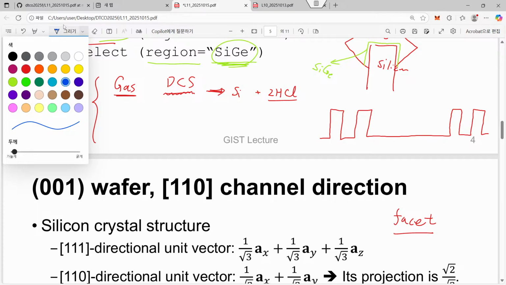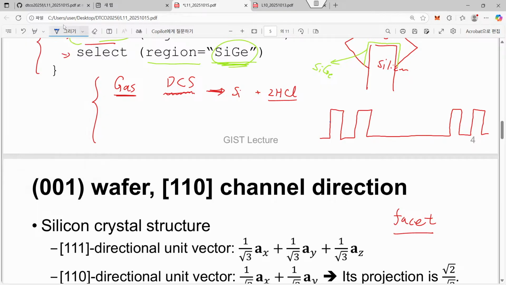Then what we will have is, now there occurs a certain diamond, and also we will have another diamond. Sorry for my poor drawing, but anyway, we have a certain enlarged version of our silicon or silicon germanium.